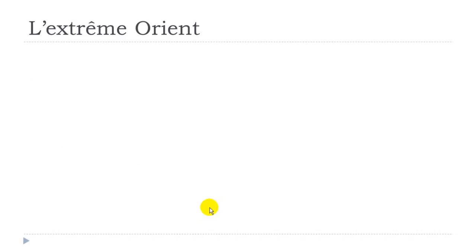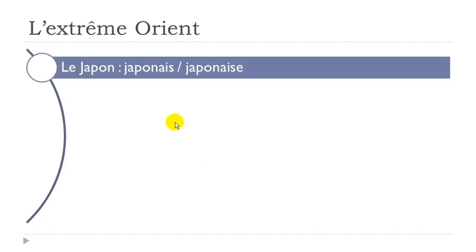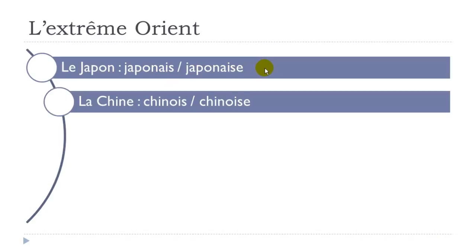Okay, and now for the nationalities, so each time I will put the masculine form and the feminine form. Okay, le Japon, japonais, japonaise. Okay, so the only difference is the s sound. La Chine, chinois, so it's really this wa sound, remember?